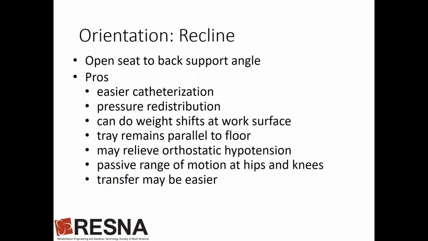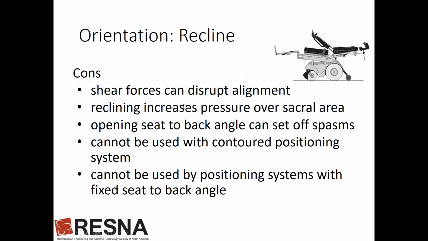A con of a recline is that the shear forces can disrupt alignment. Reclining increases pressure over the sacral area. Sometimes when you open that back angle, you can get extensor spasms. And you definitely can't use it with contoured positioning because you lose your point of contact. And you can't use it with systems that have a fixed seat to back angle.